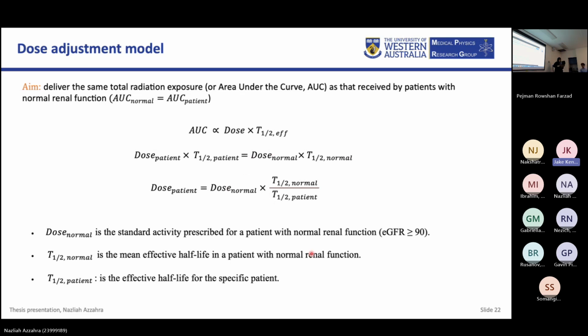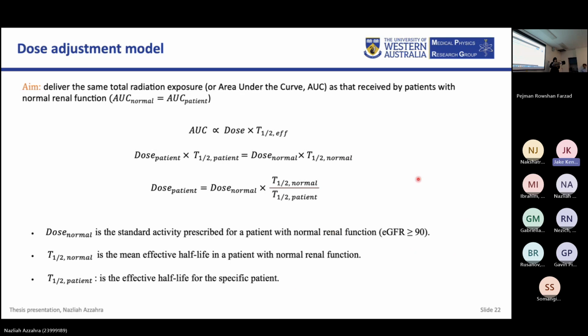So if the half-life increases due to reduced clearance, the administered dose should be lowered to keep the total exposure, or to keep the AUC, the same.